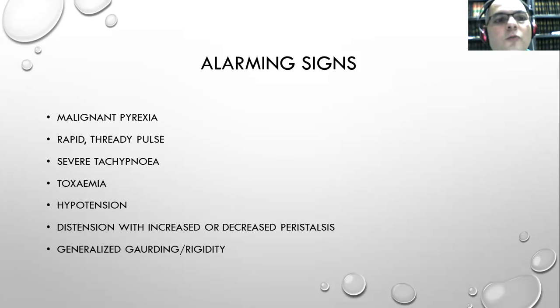The first and foremost sign is malignant pyrexia. That means temperature above 40 degrees centigrade or above 104 degrees Fahrenheit, which does not respond to cold sponging or the routine antipyretic medicine. Despite giving antipyretic medicine and despite continuous cold sponging, or what we call tepid sponging, the temperature is not receding.